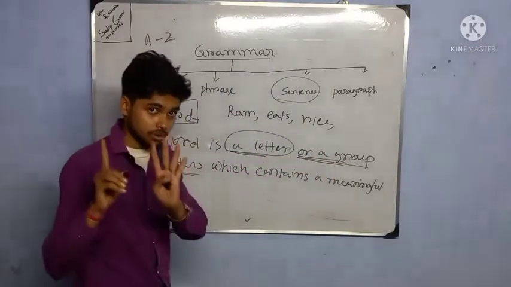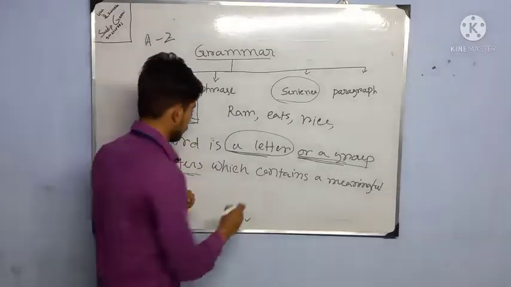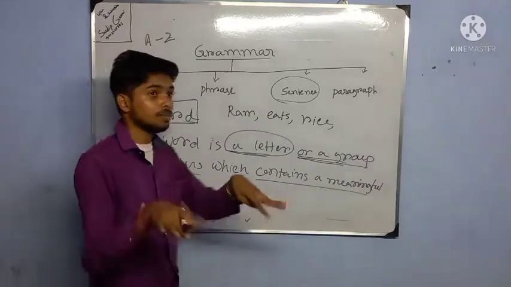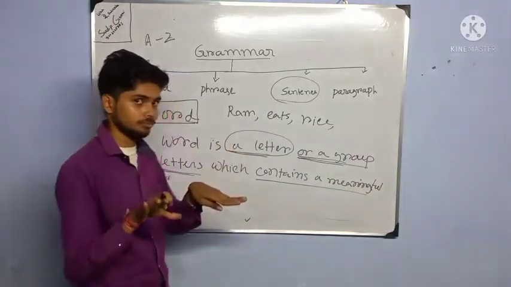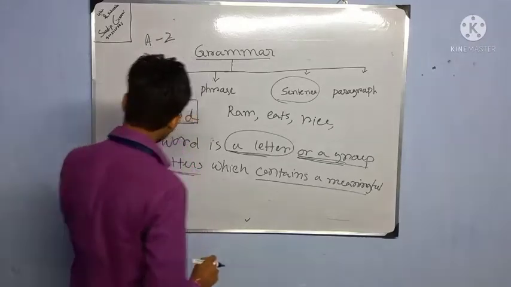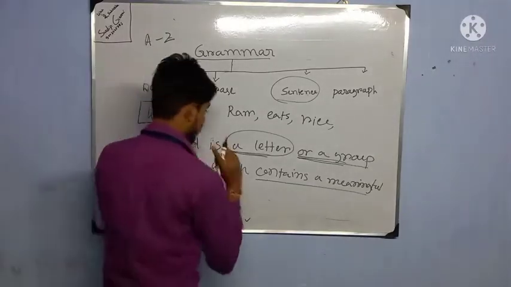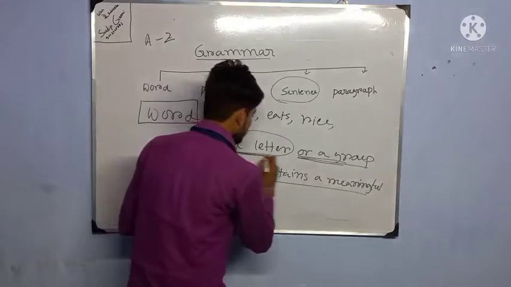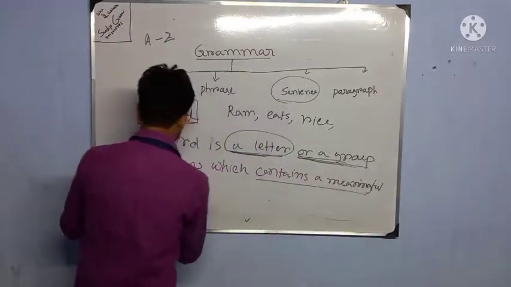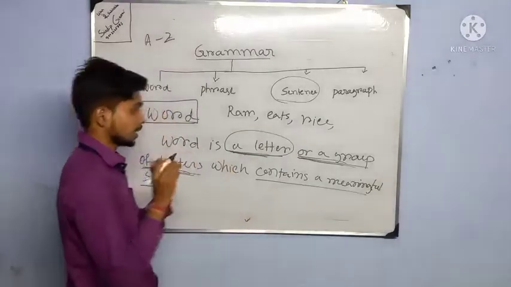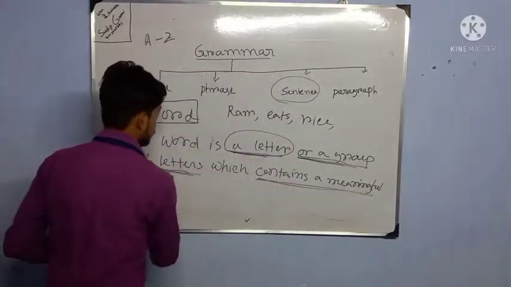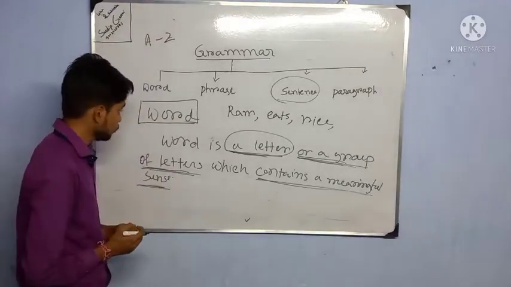And second condition, the most important condition, containing a meaningful sense, having a meaningful idea. Very important. First condition is a letter, maybe an individual letter, or a group of letters. And second condition is that it contains a meaningful sense.